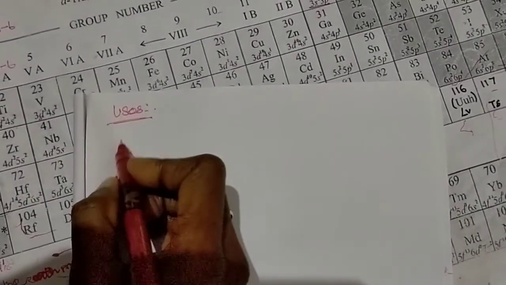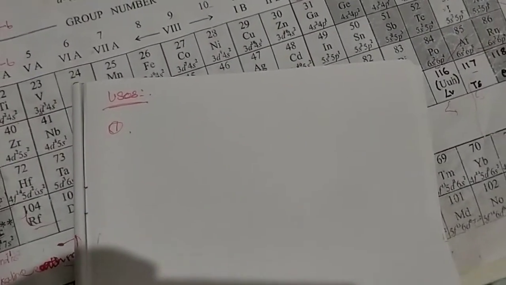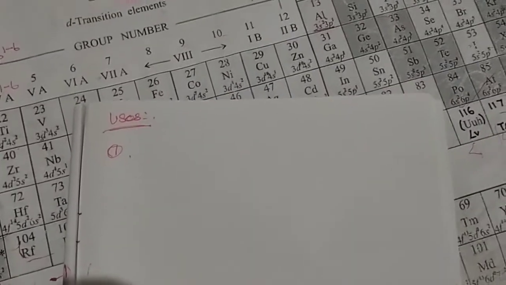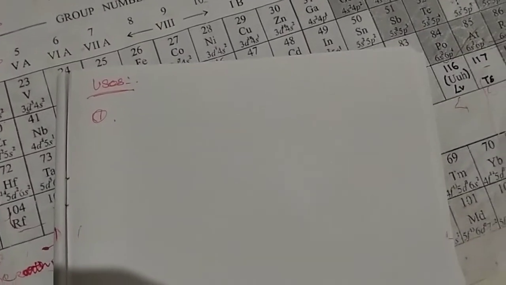Uses. First use, sodium chloride is common salt or table salt, used for domestic purposes like cooking.